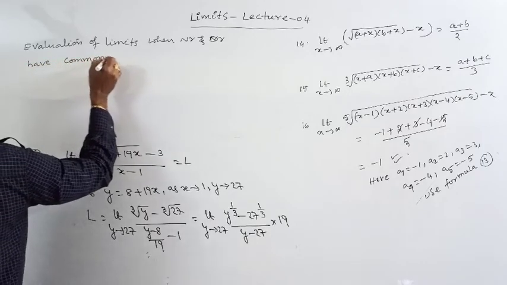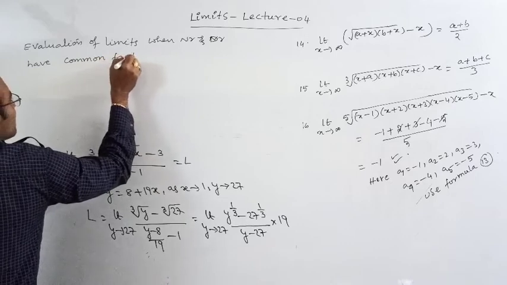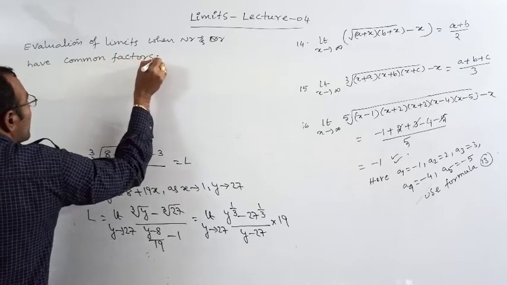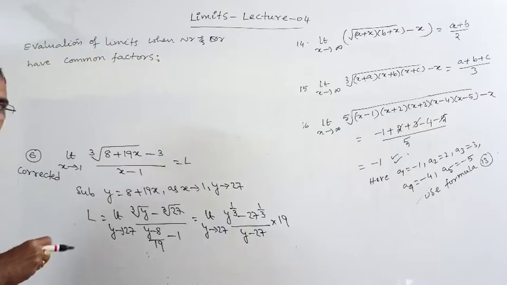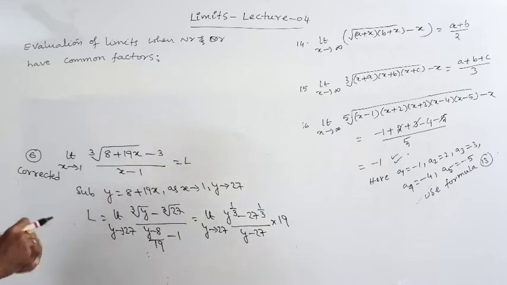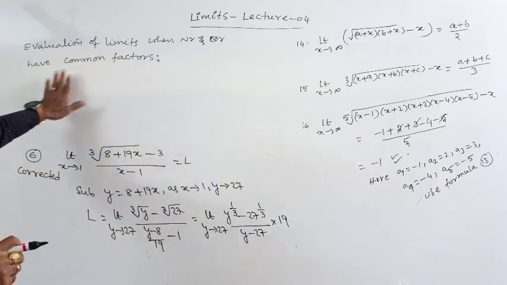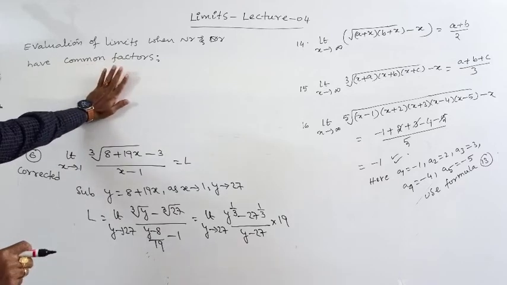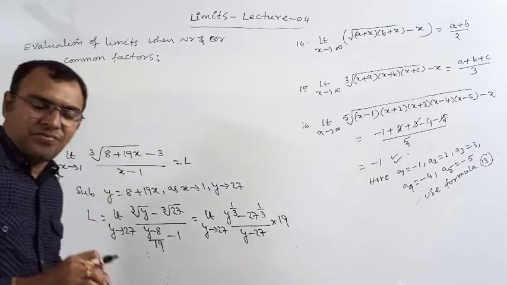After that, I will tell you the rationalization method, limits using the rationalization method. Okay, what is this evaluation of limits when numerator and denominator have common factors?